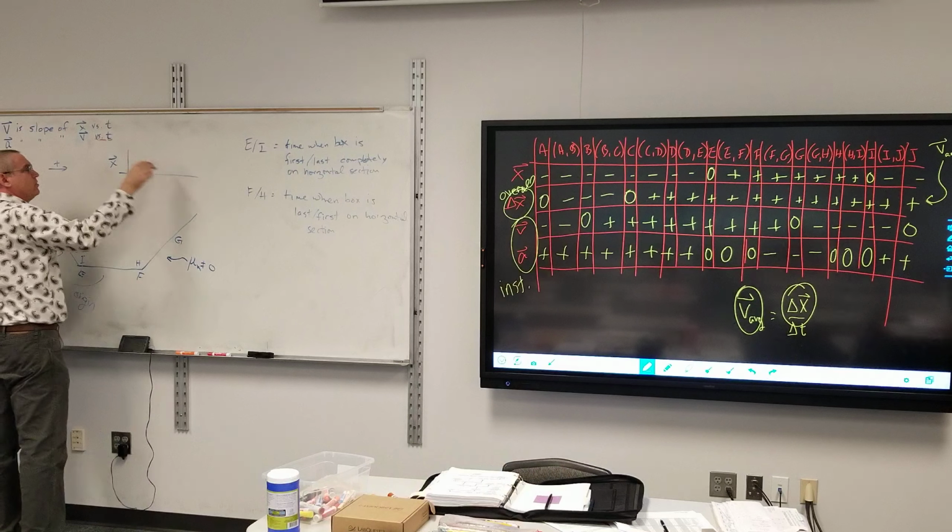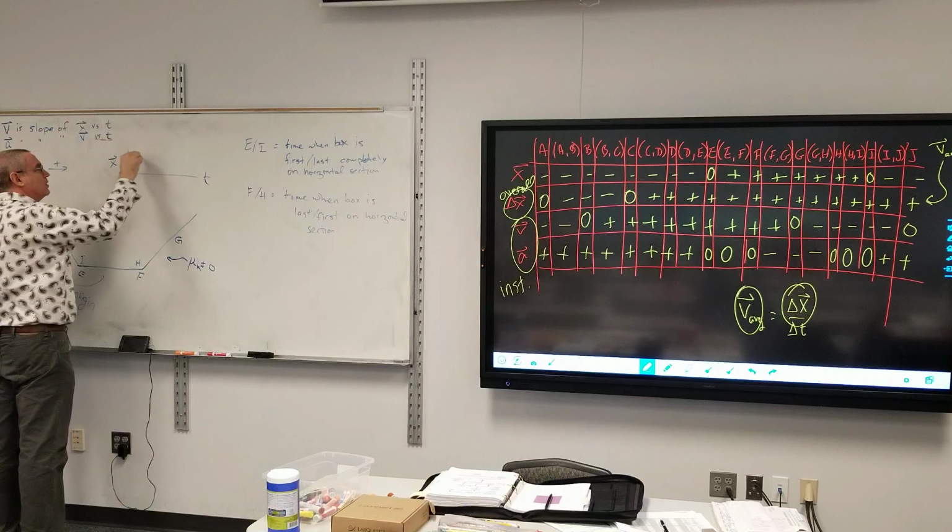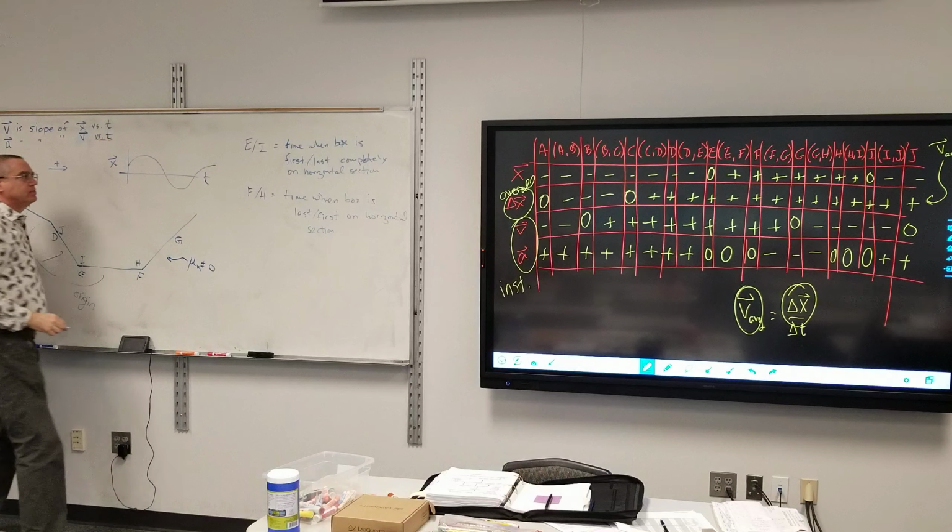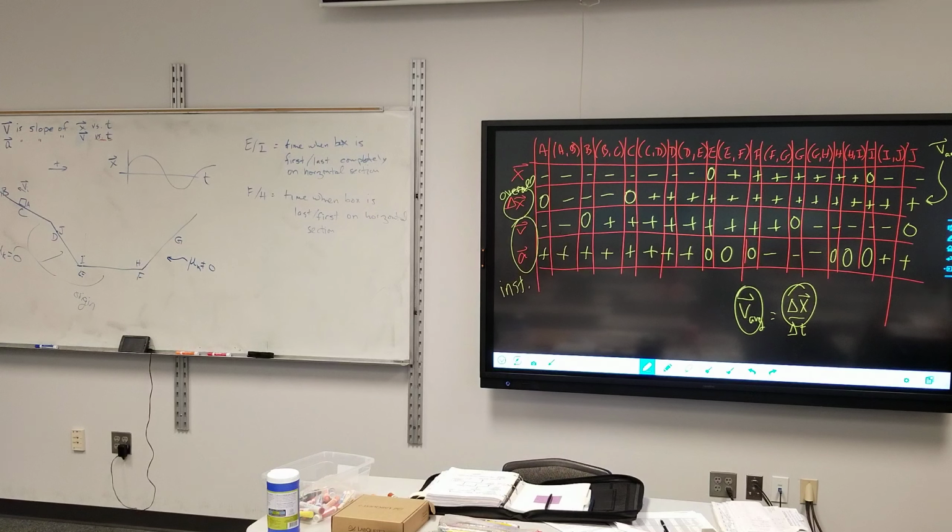If I have a position versus time graph, and it looks like this, what would my displacement time graph look like? It would go down and then up, so sort of flip.